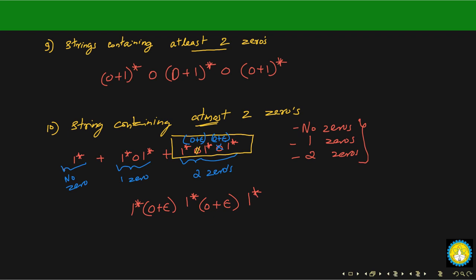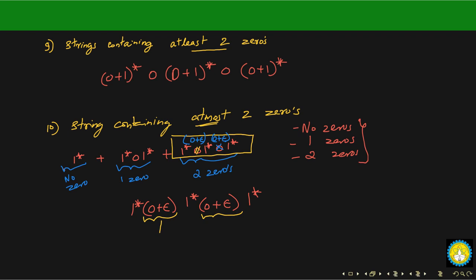What's the meaning of 0 plus epsilon? This means that either you can put a 0 there or an empty string. If you're putting an empty string, it would mean that you're putting no zeros there. Similarly, here also you have a choice. You can either use a 0 there or an empty string.